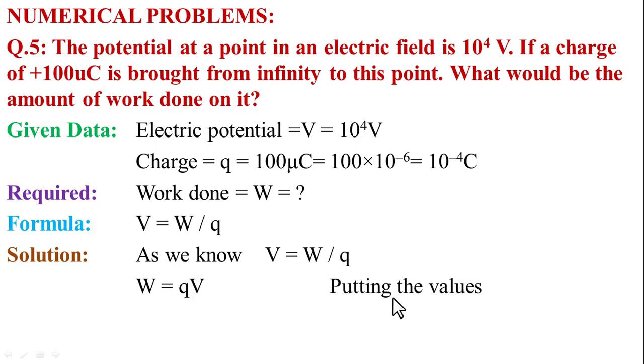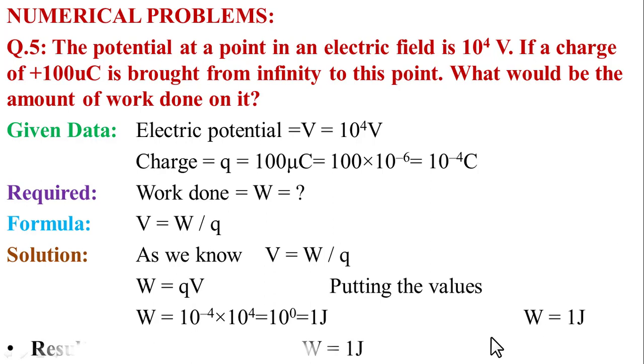Putting the values, W is equal to 10 raised to power minus 4 multiplied by 10 raised to power 4, that is equal to 10 raised to power 0. Any variable with power 0 is equal to 1. So work done is equal to 1 joule. This implies that W is equal to 1 joule. Result of question number 5: amount of work done W is equal to 1 joule.